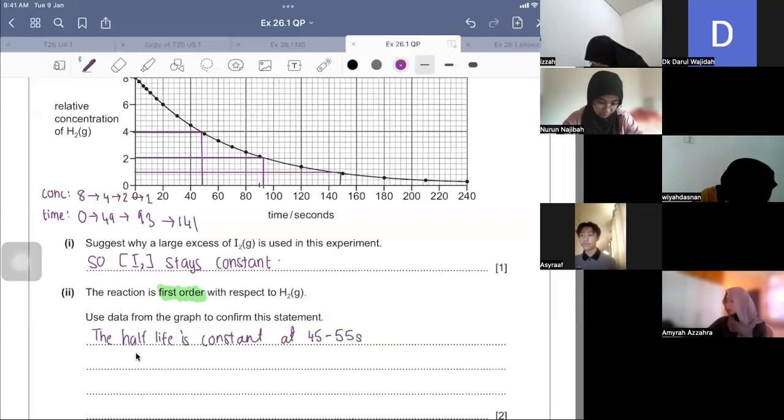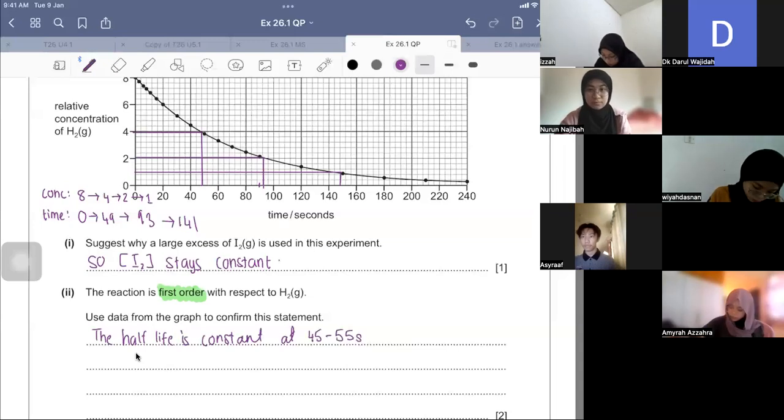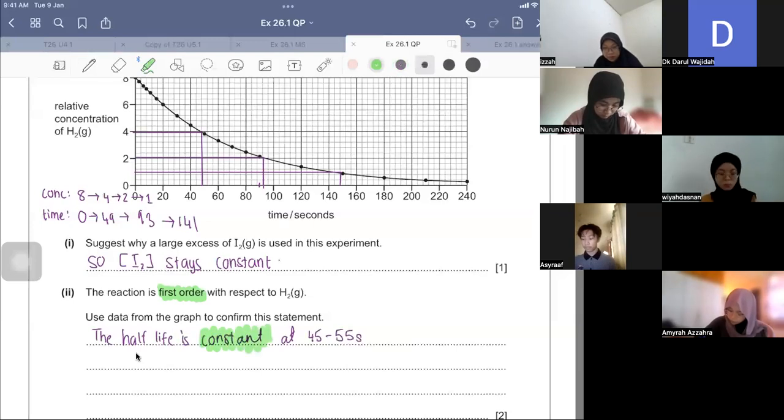I know the numbers are actually not that constant, okay, but the question is already telling us that hydrogen is first order. So do not change the question and say my half-life is increasing. Okay, so you must say that the half-life is constant because that is the criteria for first order.